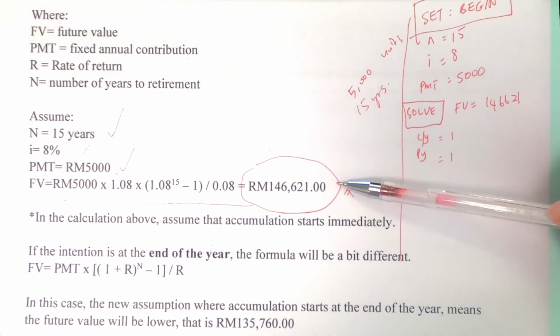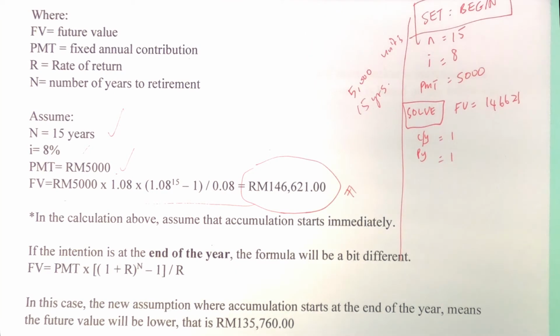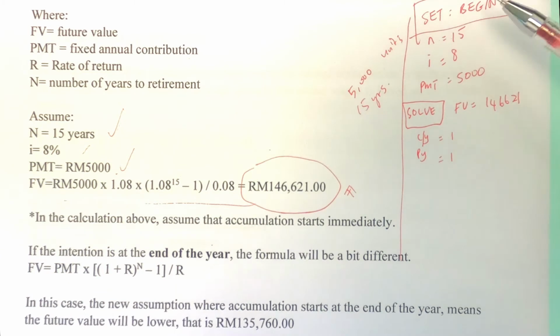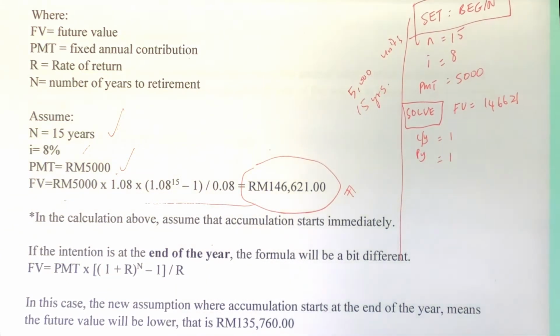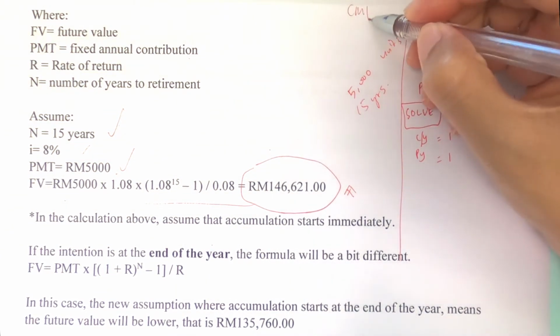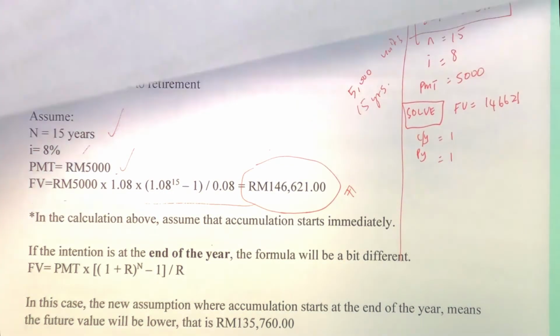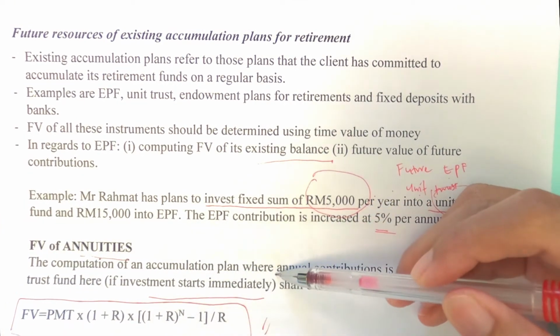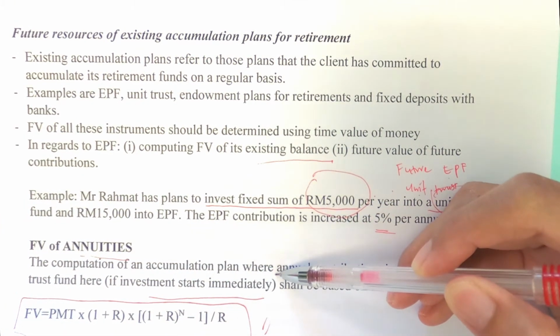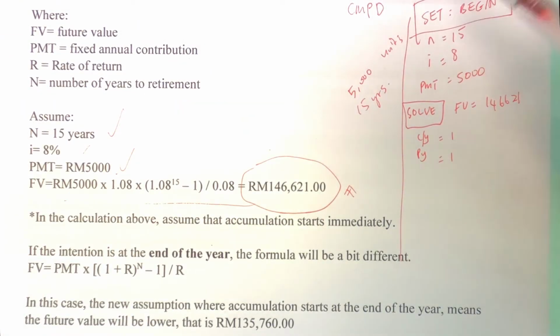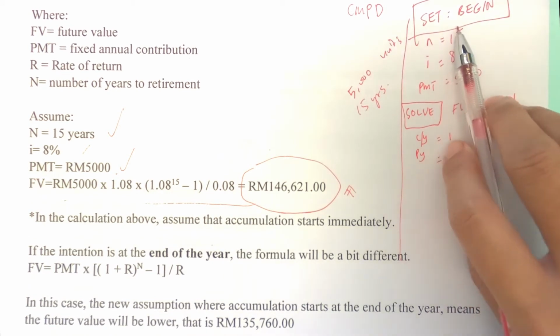Besides using the formula, you can also use a financial calculator to derive this value. In your financial calculator, you go to CMPD and set Begin. Why Begin? Because we assume that the investment starts immediately, or if the question says that the payment is made at the beginning of the year, we set it as Begin.